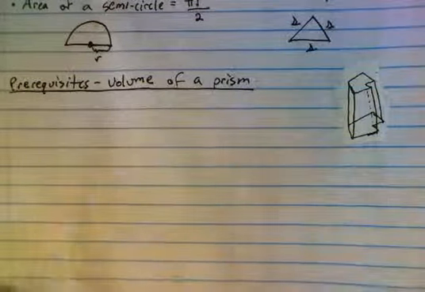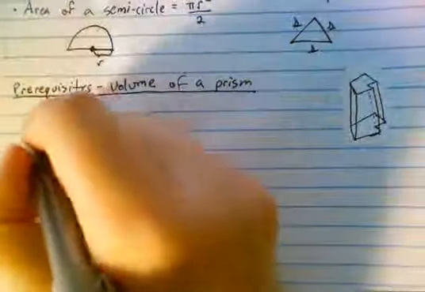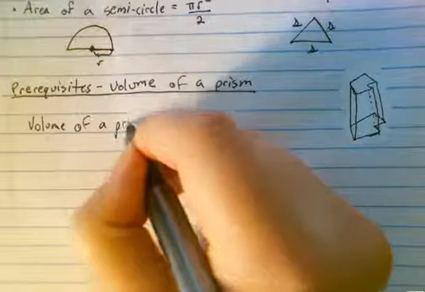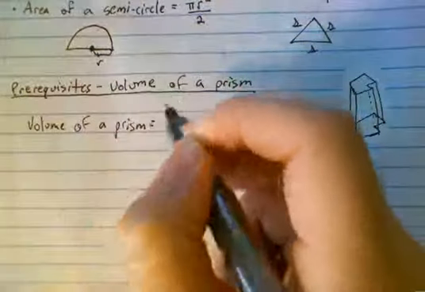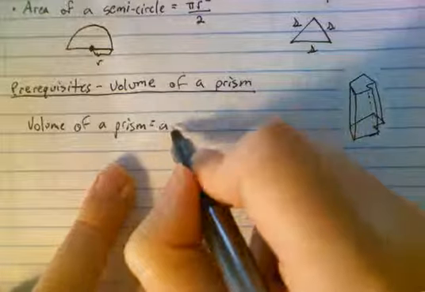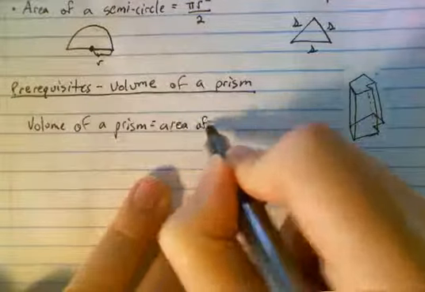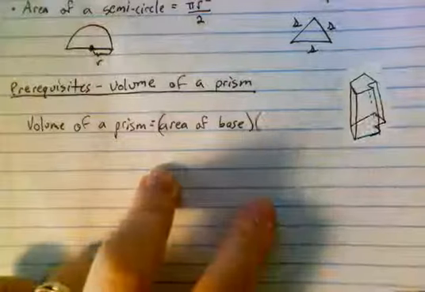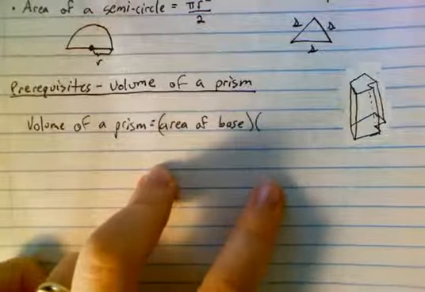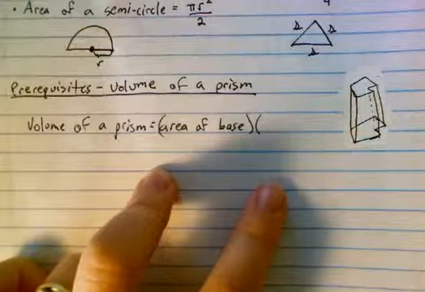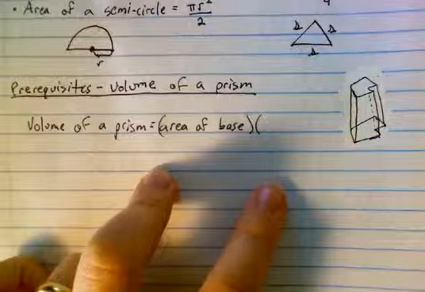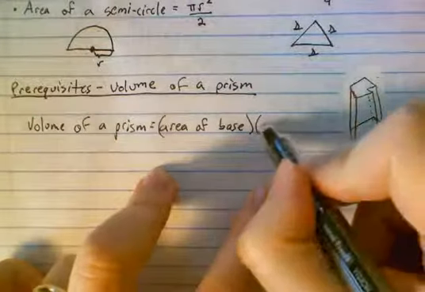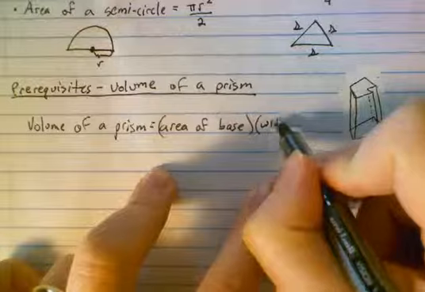And what we've got is that the volume of this prism is going to be the area of the base times the height. I'm going to call this height the width because that's going to be consistent for the language that we've been using in the past. So even though you know this as area of base times height, just call it the width.